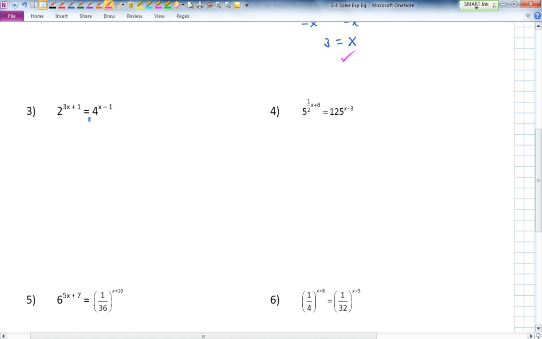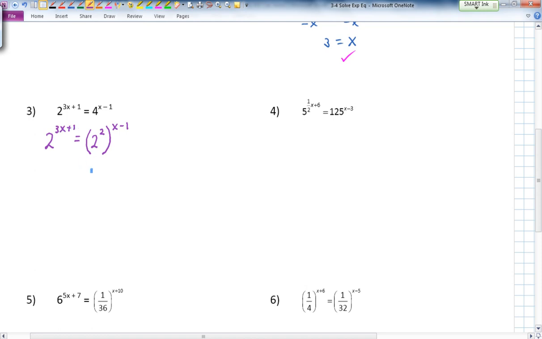Okay, so we're back, and the right side we're going to change from a base 4 to a base 2 problem. So again, if you ignore the exponent here, you would write 4 as 2 squared, but we still have that exponent of x minus 1 that's attached to that, and that's going to be equal to base 2 to the power of 3x plus 1.